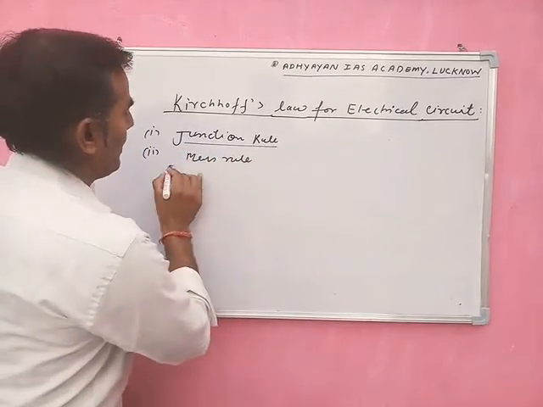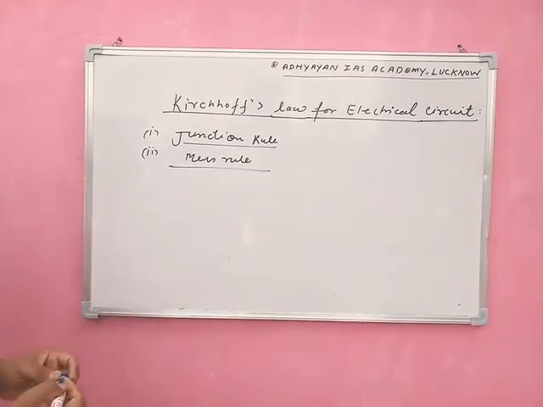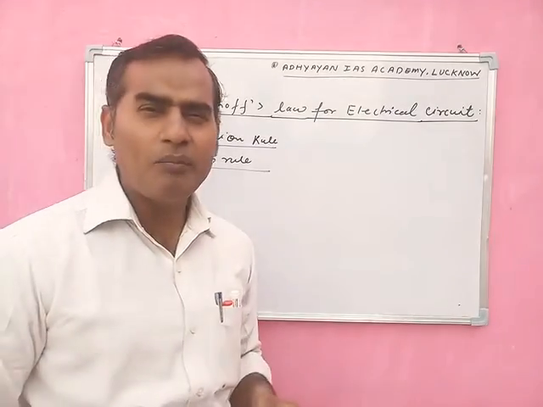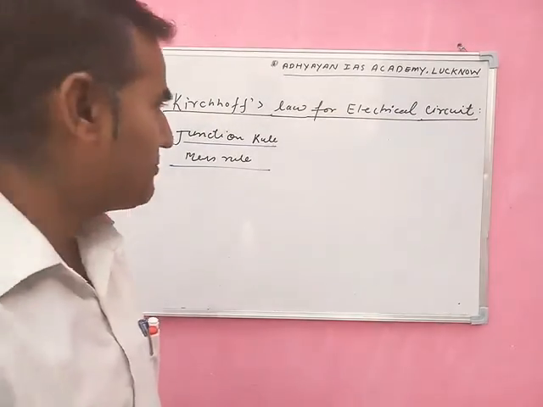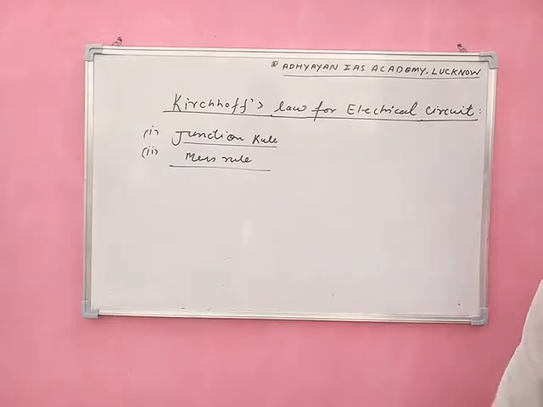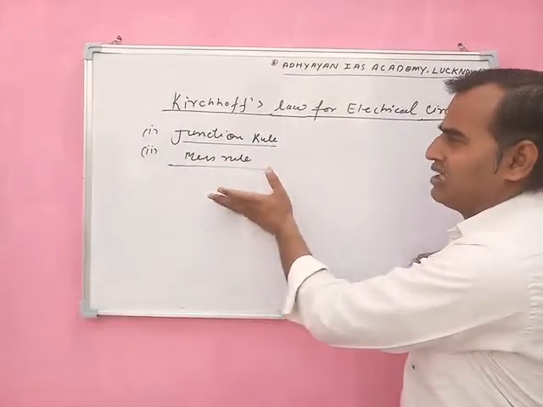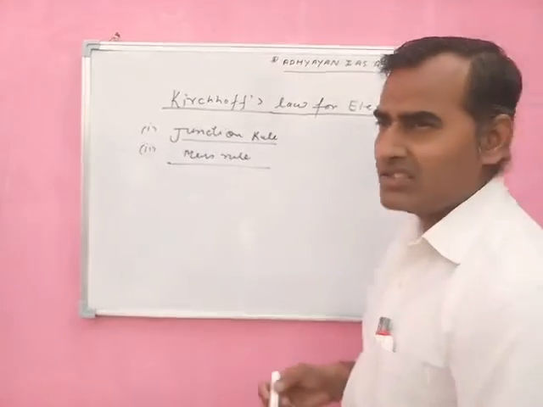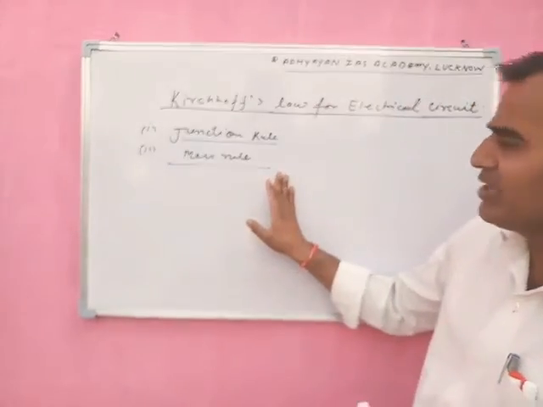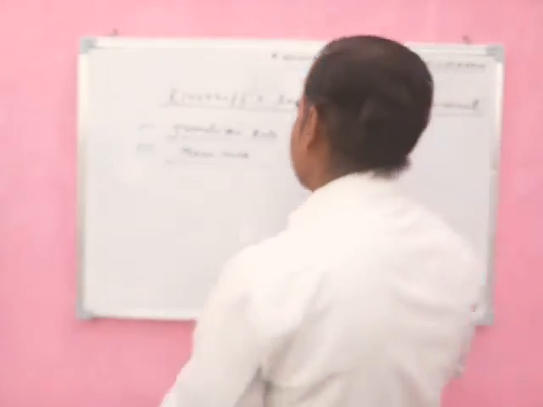Kirchhoff gives two laws for the solution of complex circuits: the junction rule and the mesh rule. The junction rule is based on charge conservation, and the mesh rule is based on energy conservation.